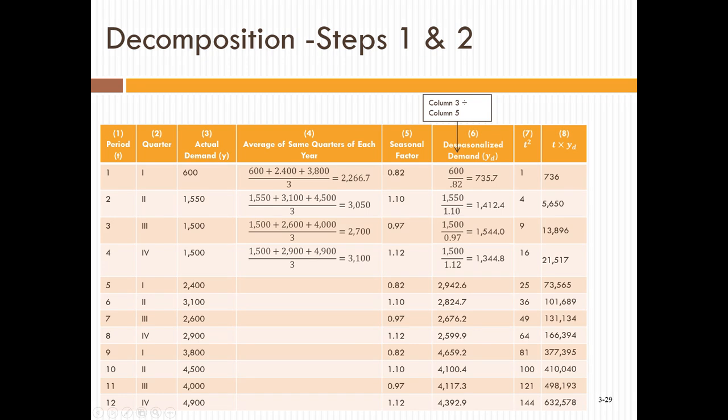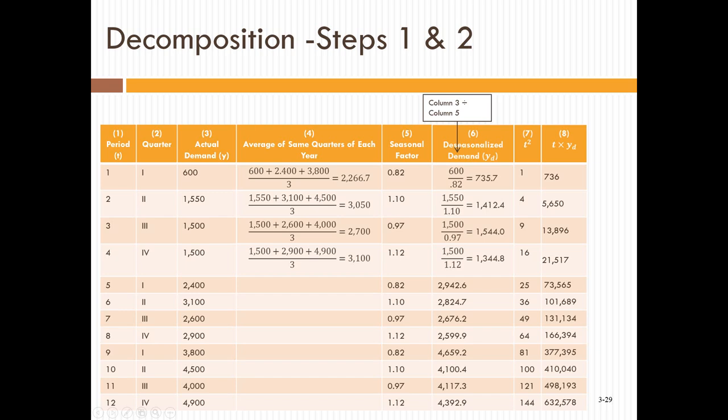Dividing that by 12 gives us 2,779, the average demand per quarter. To get our seasonal factor, we take the average demand for that quarter, 2,266.7, and divide it by the average demand across all quarters, 2,779, which gives us 0.82.